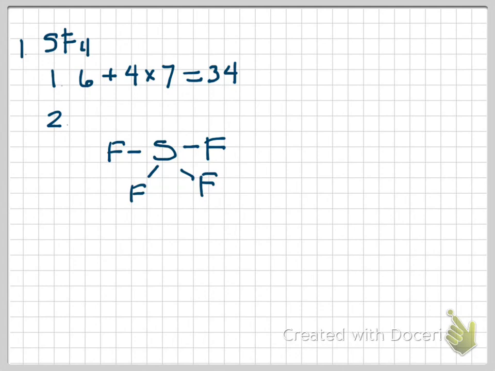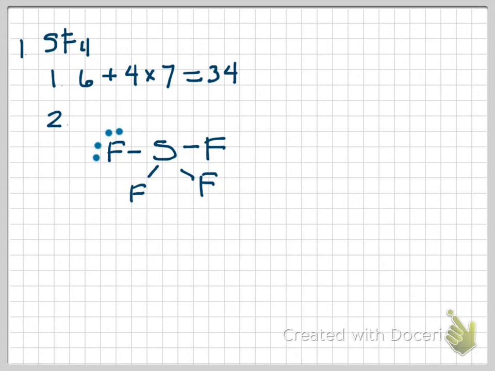We've used up 8 total with our 4 bonds, since each bond has 2 electrons. So 34 minus 8 is 26. So I have 26 electrons left to play with.